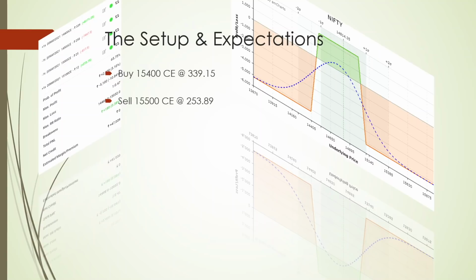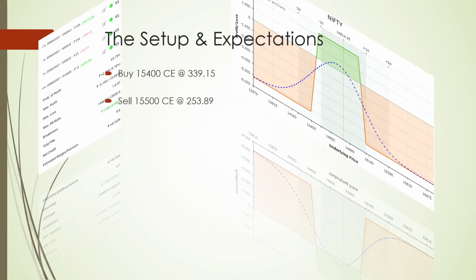So here what we have done is a vertical spread, a bull call spread, with the expectation that the market is going to be bullish, and we have paid 339.15 as a premium to buy the 15400 CE option, and we have sold the 15500 CE option and collected 253.89 rupees as premium.